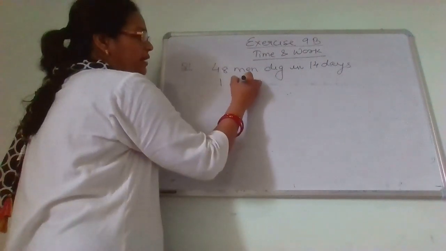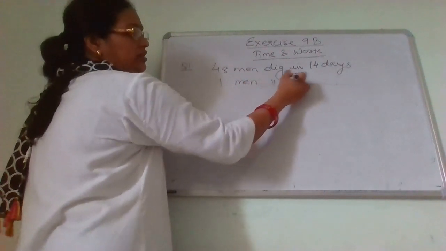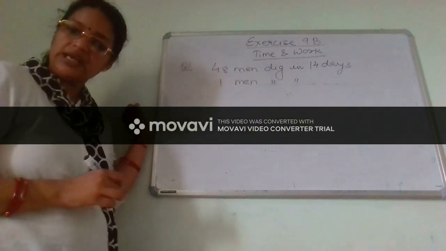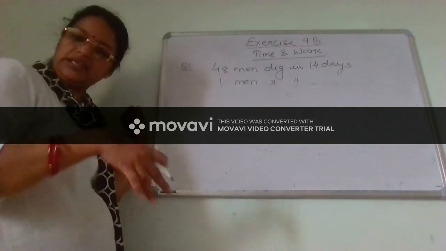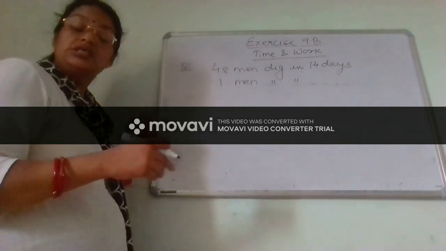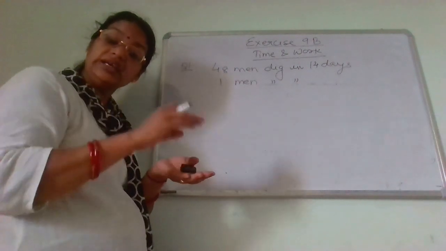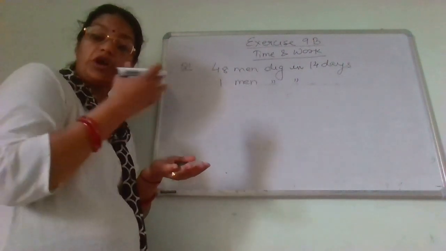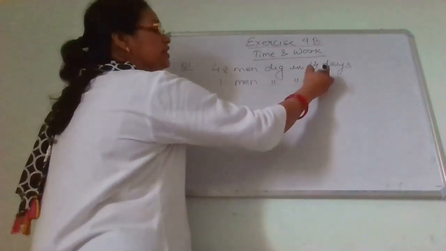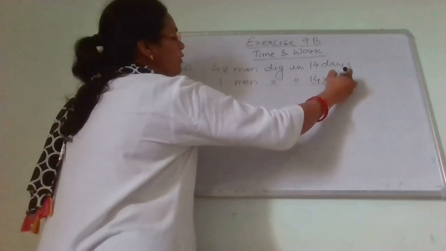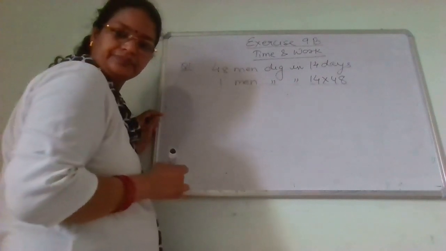So, if only one man has to dig it, how many days will it take? Obviously, it is more than 14 days. So, how many more days? He has to do single-handedly the job of 48, so he will take 14 into 48 days.